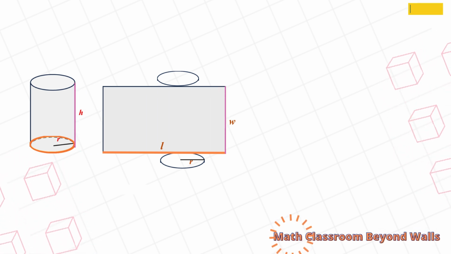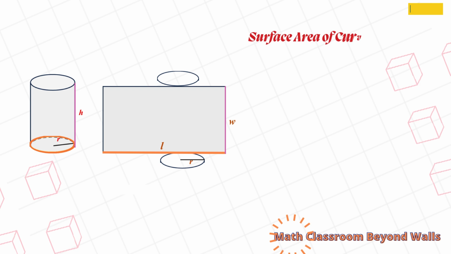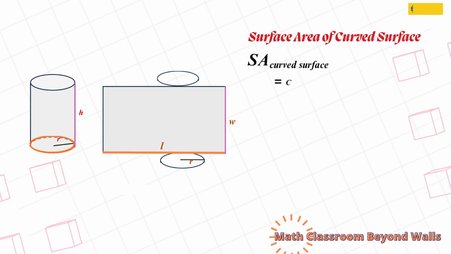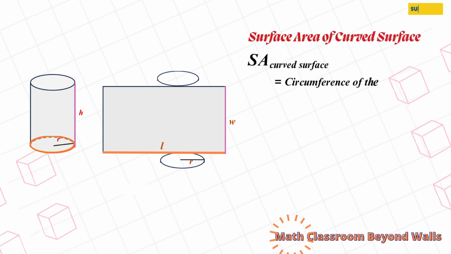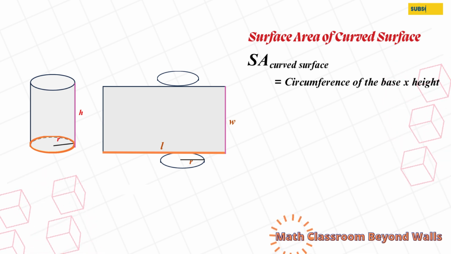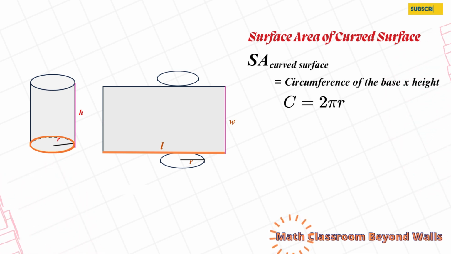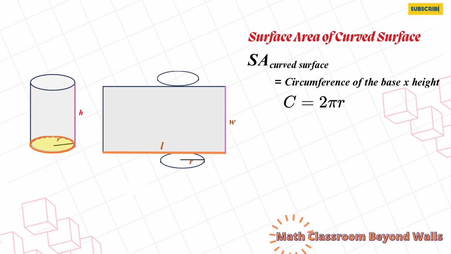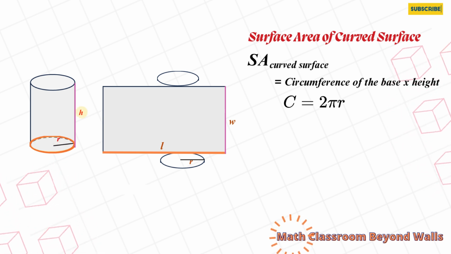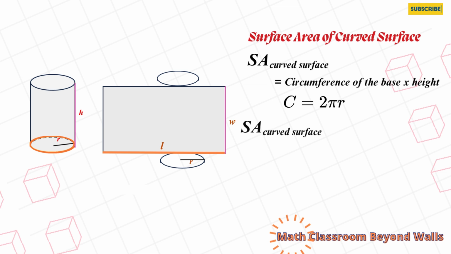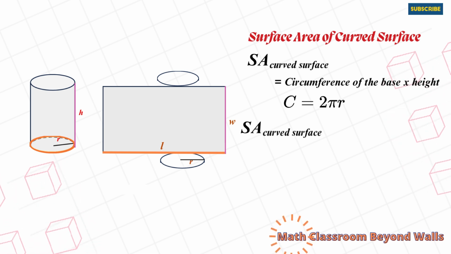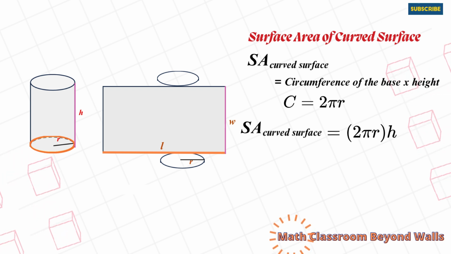Thus, the area of the curved surface is circumference of the base times the height, where the circumference is 2 pi r. Plugging in the expression for the circumference and h for the height, the surface area of the curved surface is therefore 2 pi r times h.